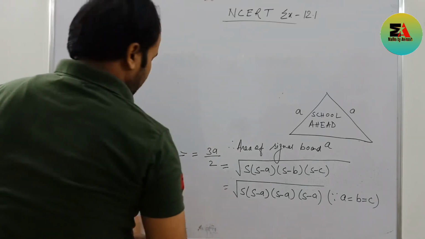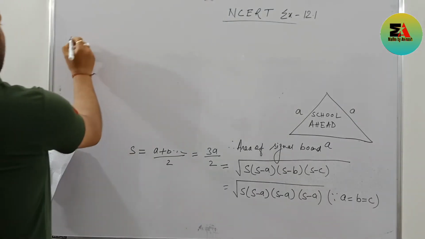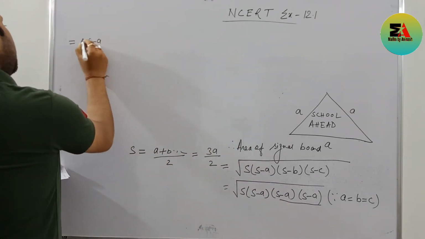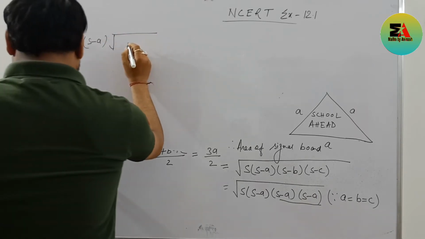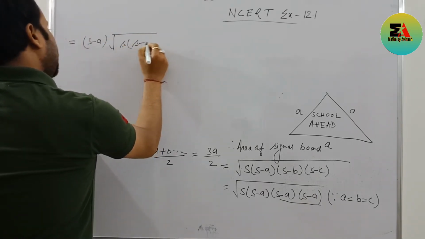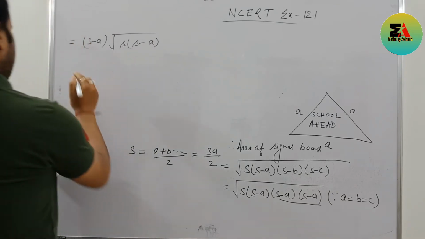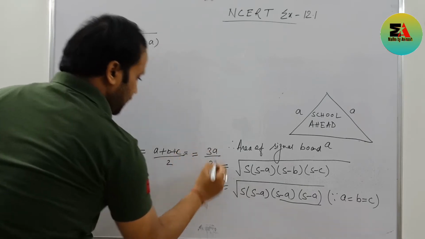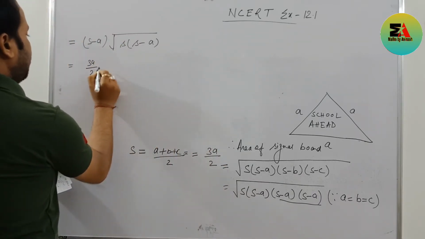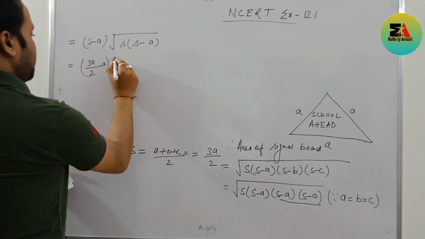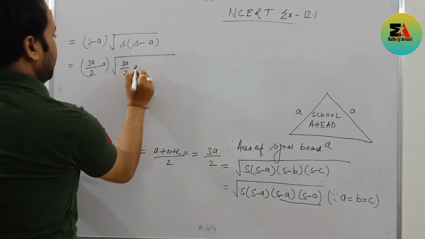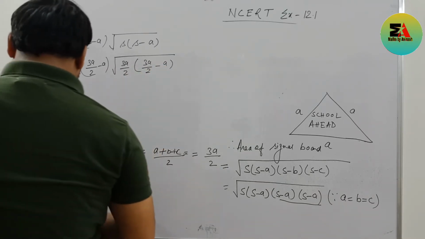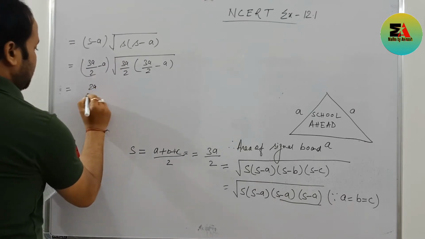Now take s minus a out from the root. It becomes root of s into s minus a, cubed under the root, giving s minus a times root of s into s minus a. We know the value of s is 3a by 2. So it is root under 3a by 2 into 3a by 2 minus a.